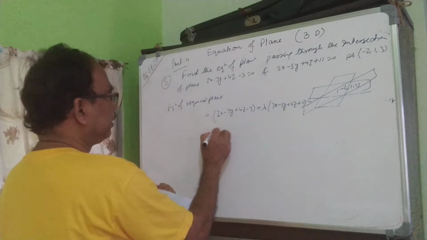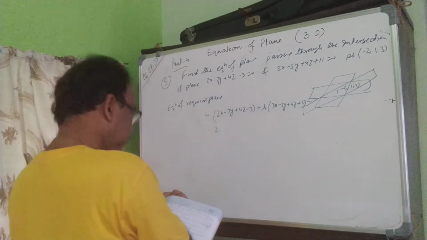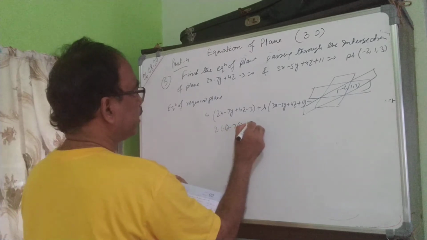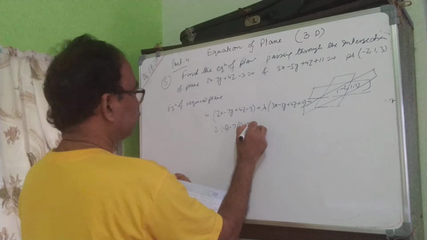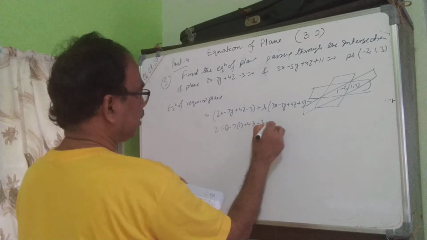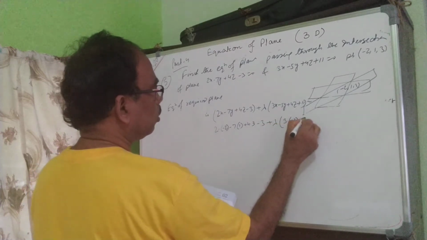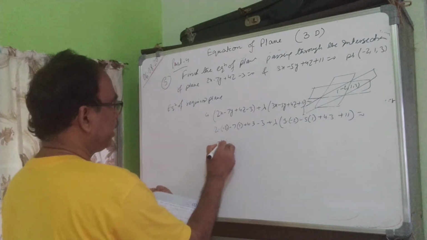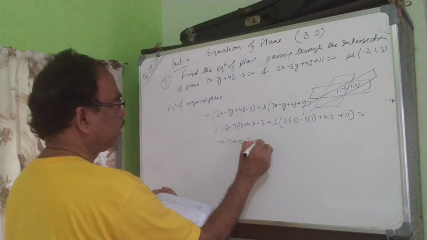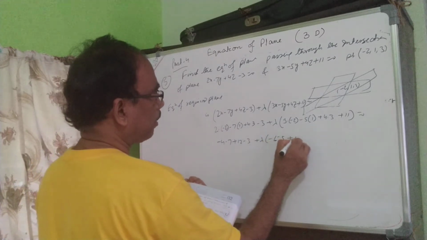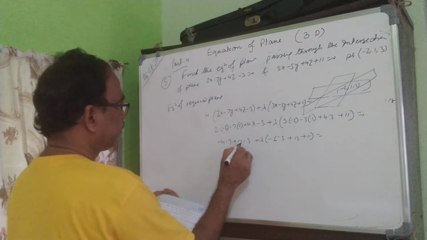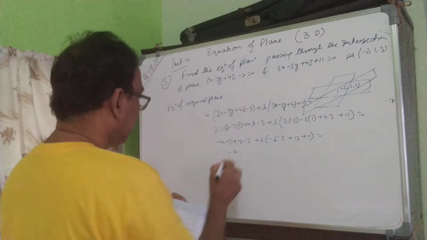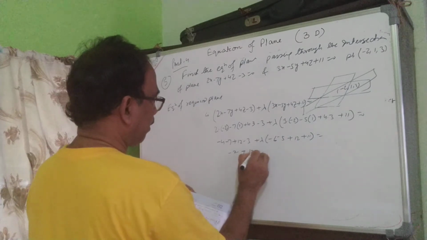This plane passes through the point, so the point will satisfy the equation: 2(-2) - 7(1) + 4(3) - 3 + λ(3(-2) - 5(1) + 4(3) + 11) = 0. That is -4 - 7 + 12 - 3 + λ(-6 - 5 + 12 + 11) = 0, that is -2 + 12λ = 0.